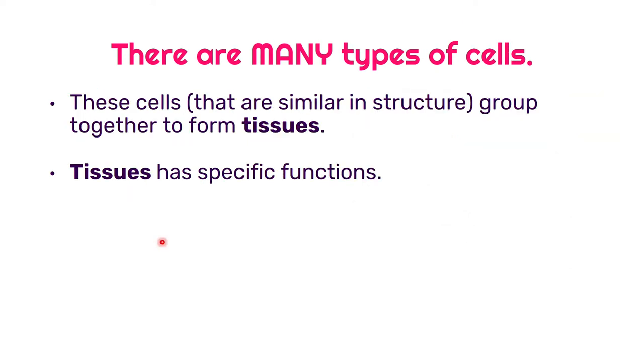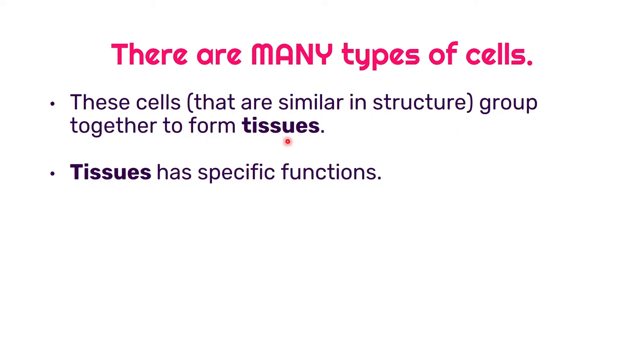Okay? So, these cells that are similar in structure, what does that mean? The cells of the same type, for example, nerve cells or neuron cells, when they group together, they form a tissue.